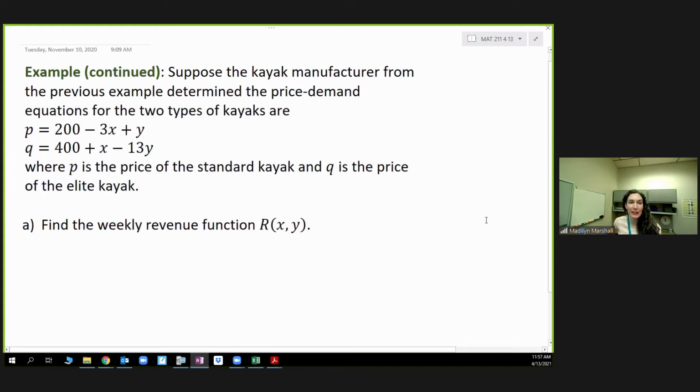So all of this stuff that we've seen a lot in this class, the revenue, cost, and price demand equations, can be extended to multiple variables as well. Suppose the kayak manufacturer from the previous example had determined the price demand equation for the two types of kayaks, where P is the price of the standard kayak and Q is the price of the elite kayak.